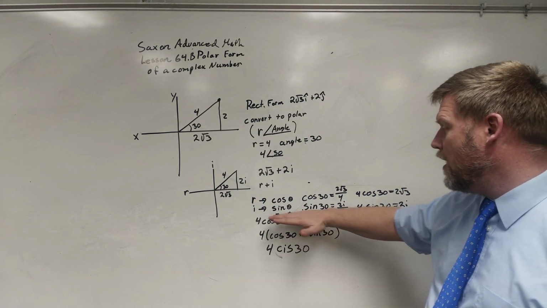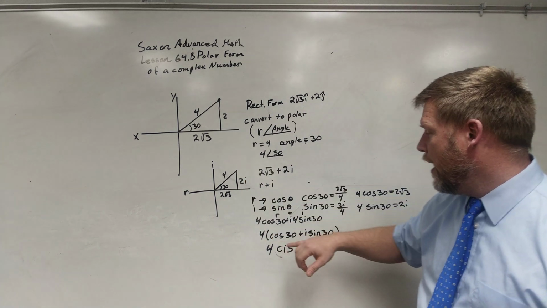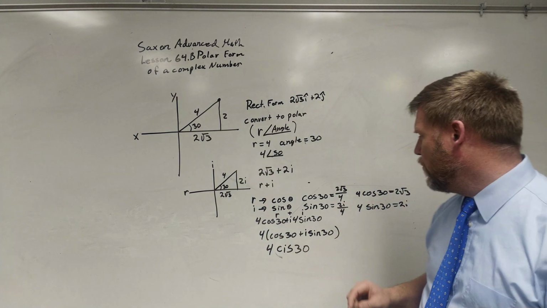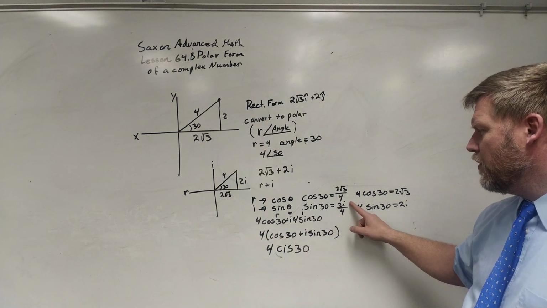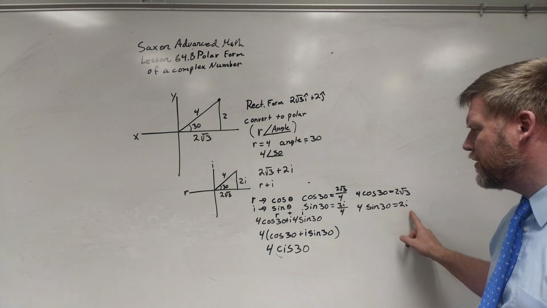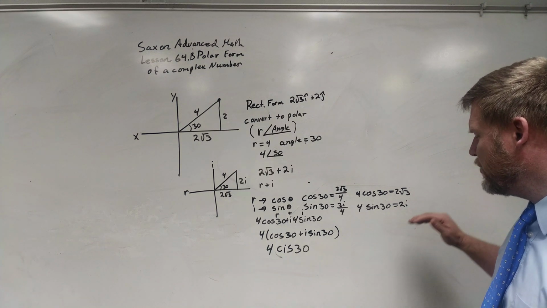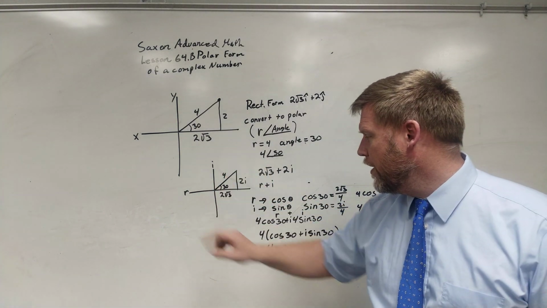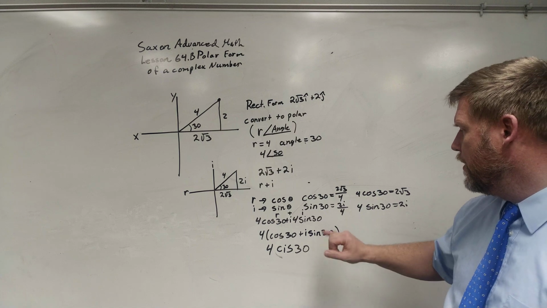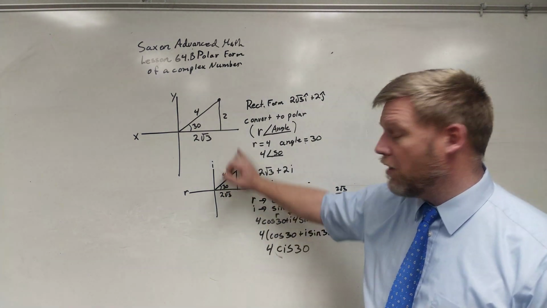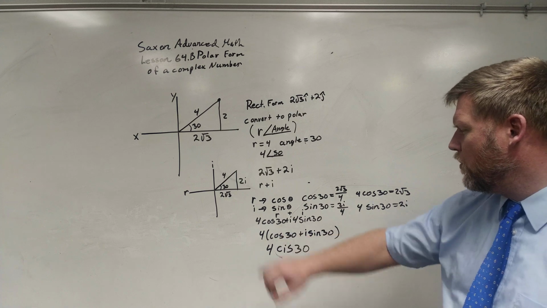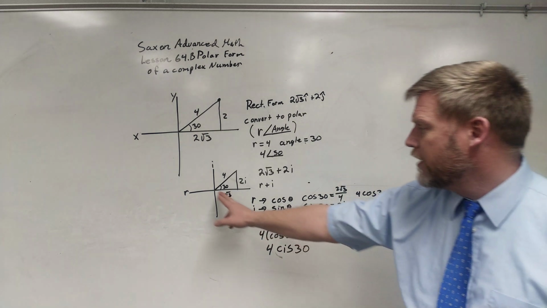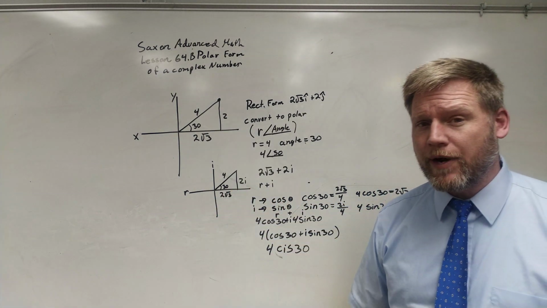Now, when I define the sine, or the i, the imaginary, I'm going to do the same thing, except I'm going to use opposite over hypotenuse, which is the sine, and that's going to be 2i over 4. 4 sine 30 is going to be equal to 2i. When I start plugging these in, I realize that I could define this right here as the addition of how far right I'm going, how far up I'm going, and therefore I can say 4 cosine of 30 plus i 4 sine of 30, and I'm putting that i in there to tell me that it is in the imaginary direction, right?